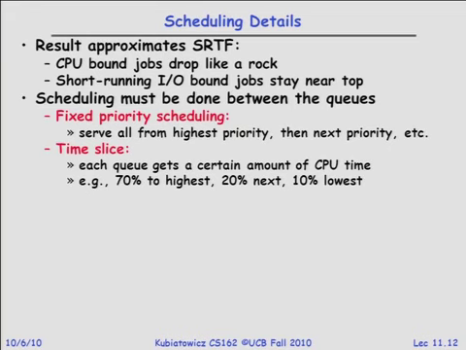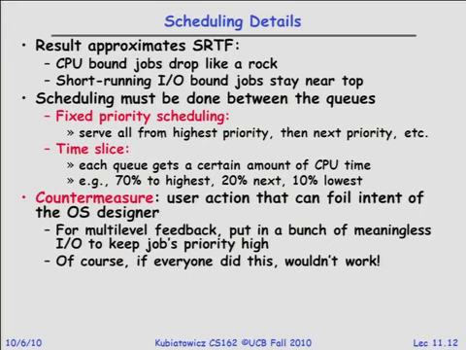All right? Now, what's interesting about this type of scheduler, which by the way is common, is that you can do countermeasures on it. What do I mean by that? Suppose you're a long-running task that would like to get a lot of CPU. What do you do? You make sure you do a lot of I/O. Because the more I/O you do, the higher up in the hierarchy you end up.